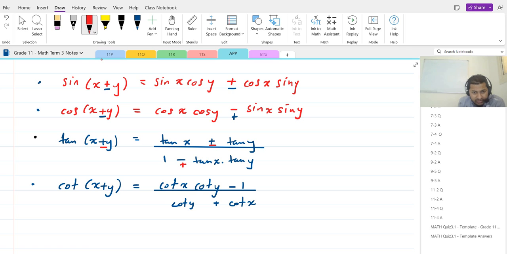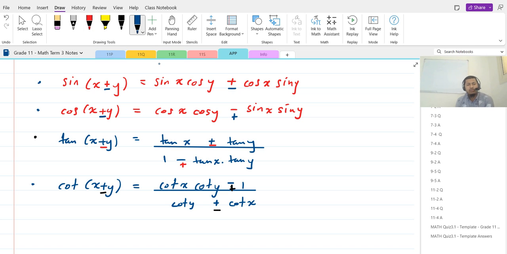So just see, I've reversed this, cot y plus cot x. So if you have a plus, that's a minus on top and a plus at the bottom. So if you have a minus, it needs to follow with the opposite signs, so the minus will become a plus, and the plus will become a minus. Yep, that's the formula.